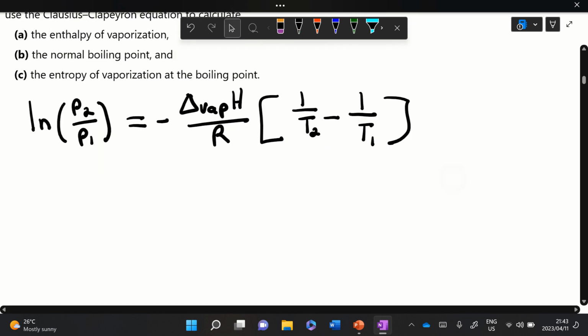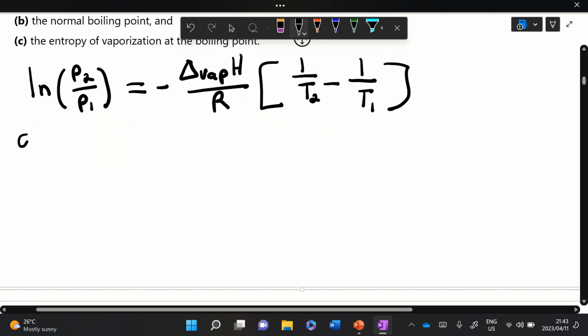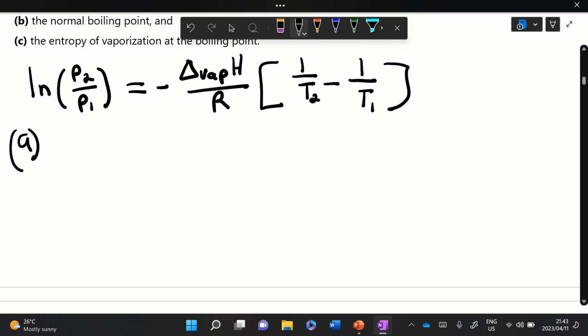Right. And in A, if we want to calculate the vaporization enthalpy, we can rewrite this by multiplying the R to that side, and then dividing by this fraction on the right hand side.